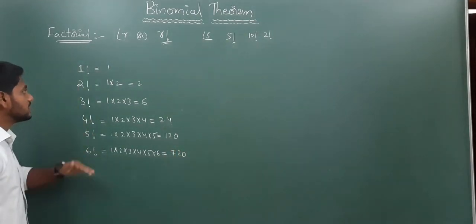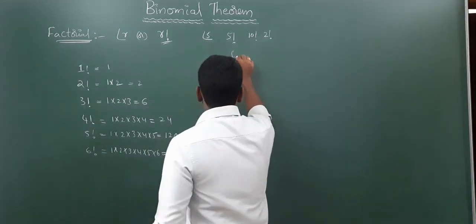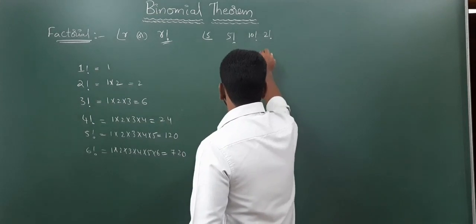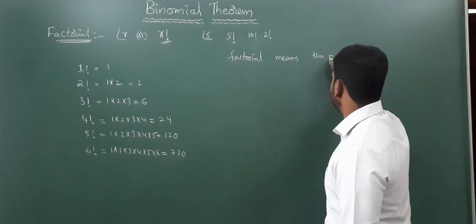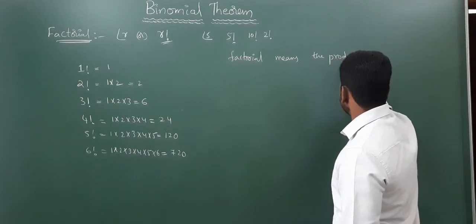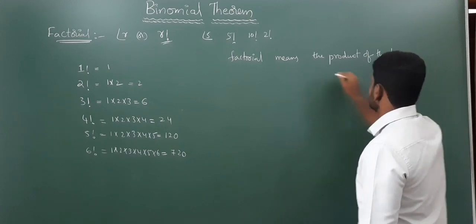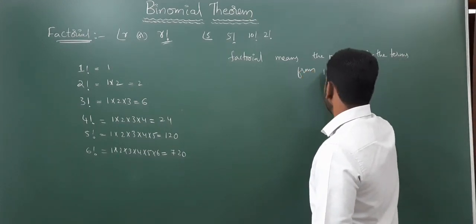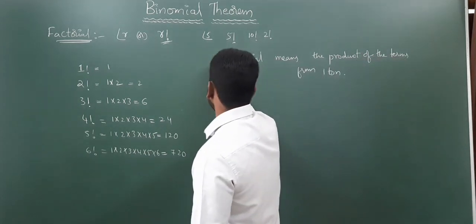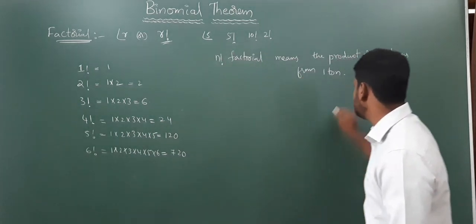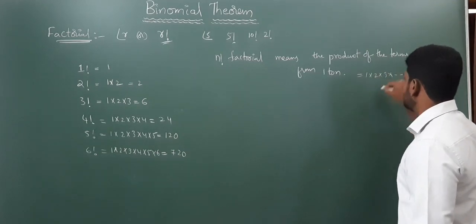Now what you understand by factorial is the product of the terms from 1 to n, if it is n factorial. Nothing but 1 into 2 into 3, and so on up to n.